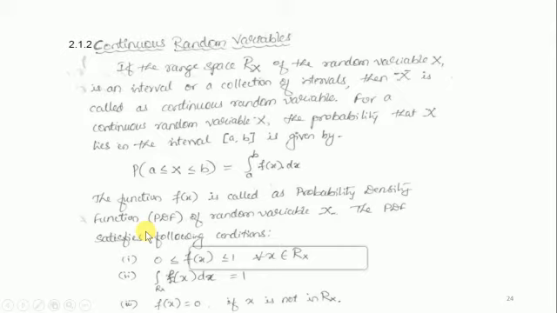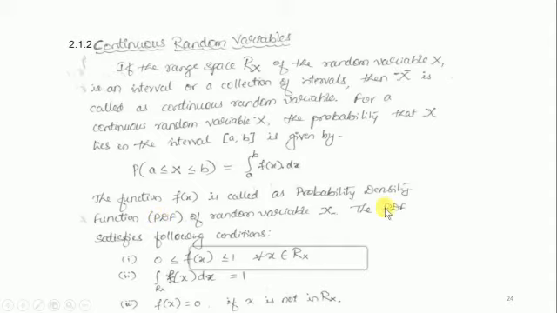So the function f(x), this one, is called the probability density function. Why is it called a density function? Because it will hold the range of values which range between a and b.